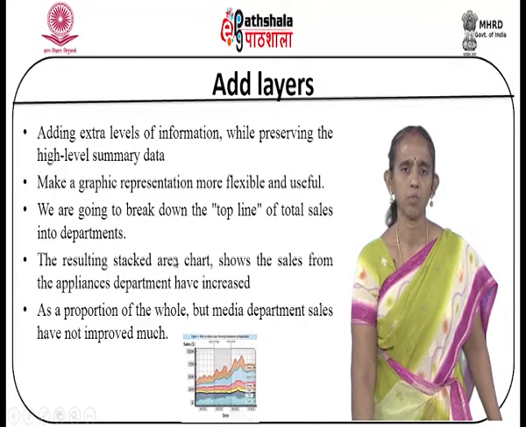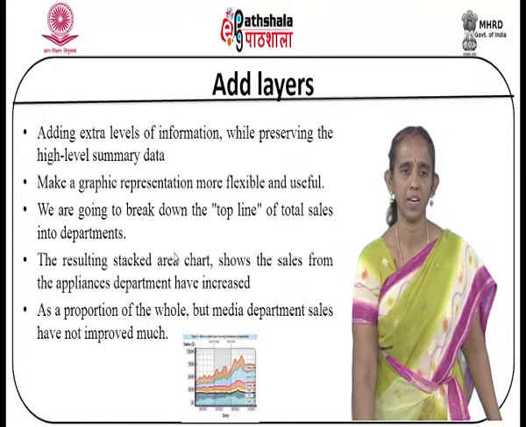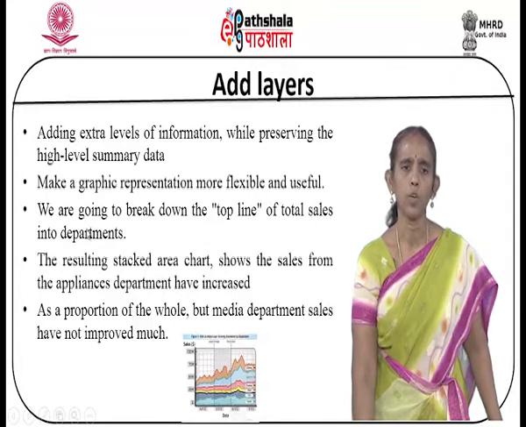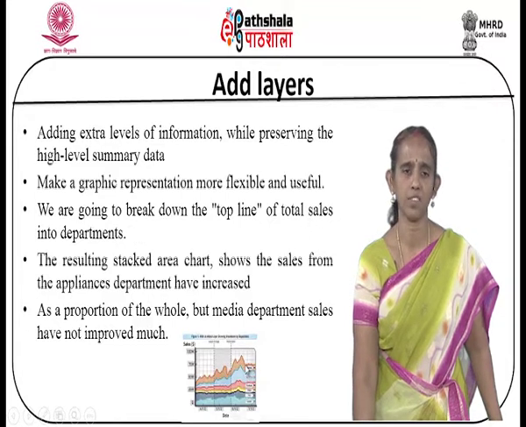The next principle that we need to look at is adding layers. We can add extra levels of information while also preserving the high level summary data. So we try to make a graphic representation more flexible and useful in that way by adding different layers. We are also going to break down the top line of the total sales into departments in the case of the example that we have considered.